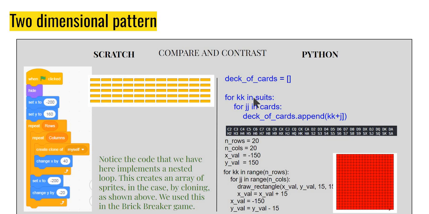Now we are using a list, and really the concept is very, very similar, even though the output looks quite different. And by the way, both of these are almost exactly the same as what we've done in Scratch, for example, in the brick breaker project, where we put all these bricks in this order. So really, this nested loop is quite versatile, as we are seeing here in action. And do make this connection because it helps you understand what's really going on here.